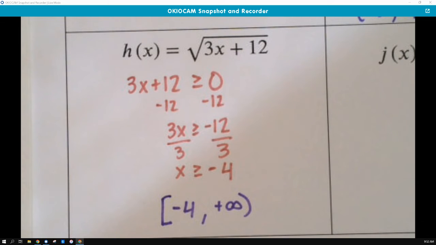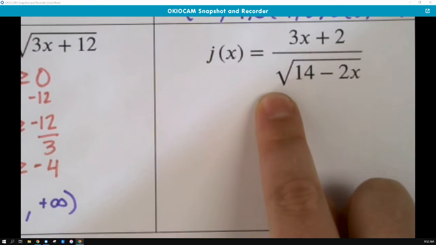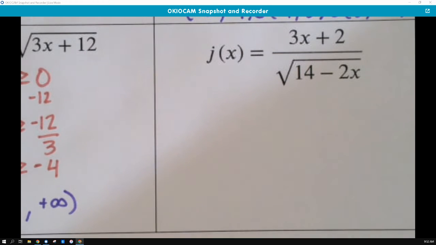Any questions on that one? Okay. Last one. We've got a square root in the denominator.